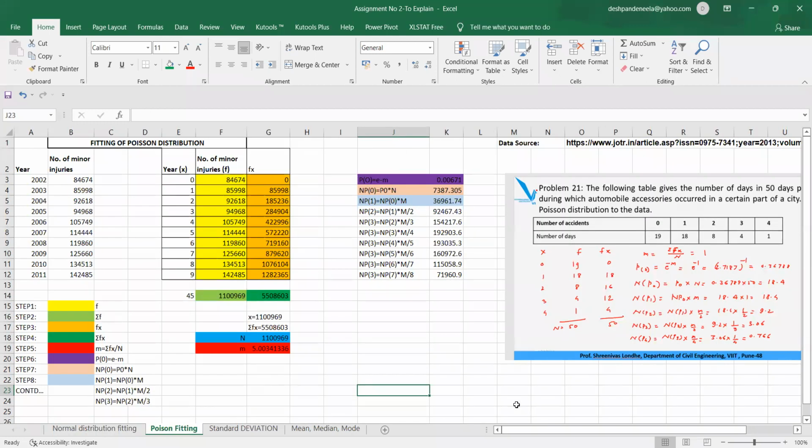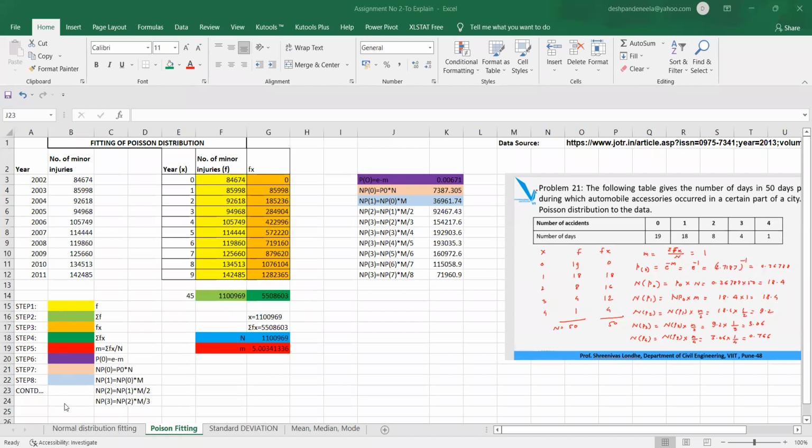For Poisson distribution, we have tried with some other type of data. So just check out this data. Again, let me mention that you have to go through the PPTs which were given to you earlier, and the sessions, of course. For fitting of Poisson distribution, again, you have a series of steps.